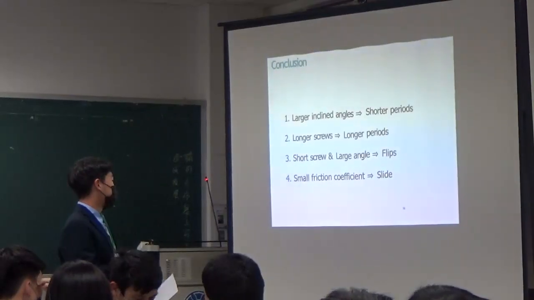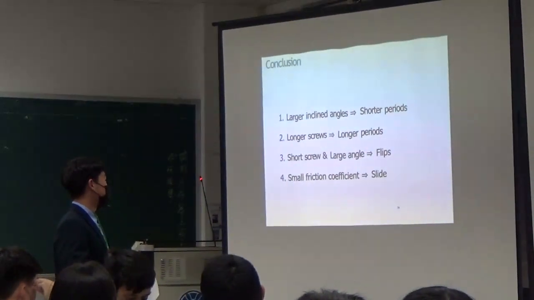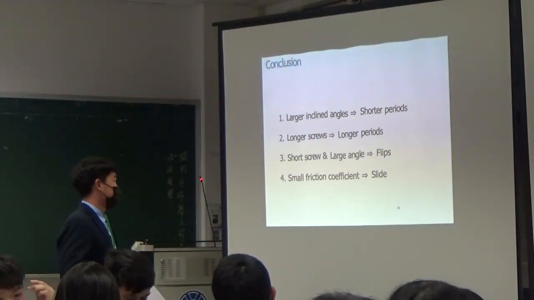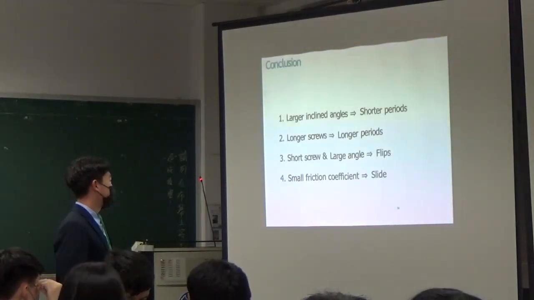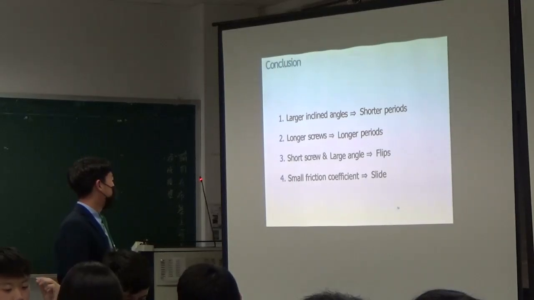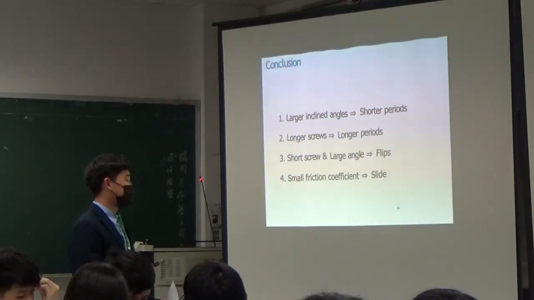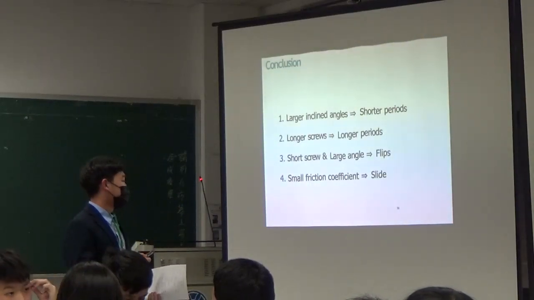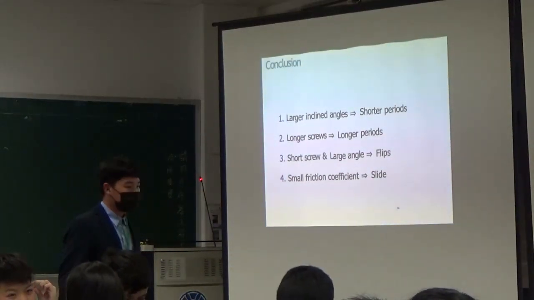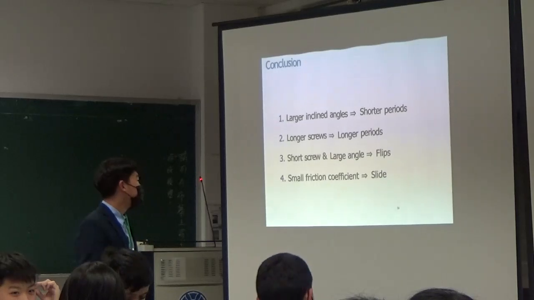In our experiments, the larger the inclined angle, the shorter the period, and the longer screws will have longer periods. A shorter screw with a large angle will flip, and a small friction coefficient will slide.